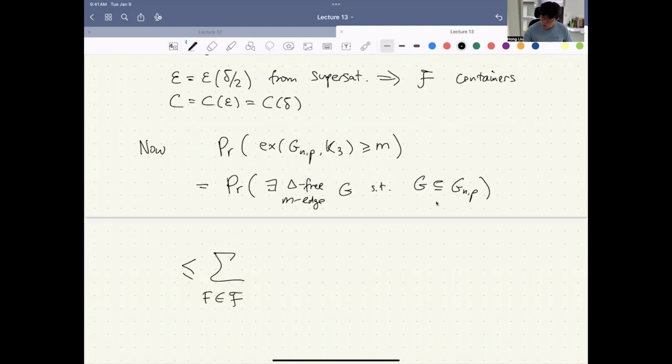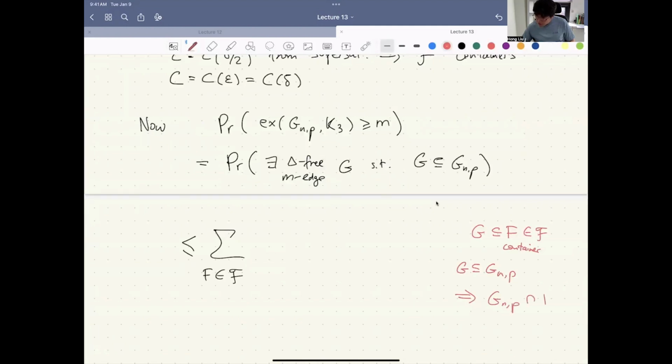What do we know? Let me write it on the side. G is inside some container F. Now, G is a subgraph of G(n,p), and this means this event implies what?